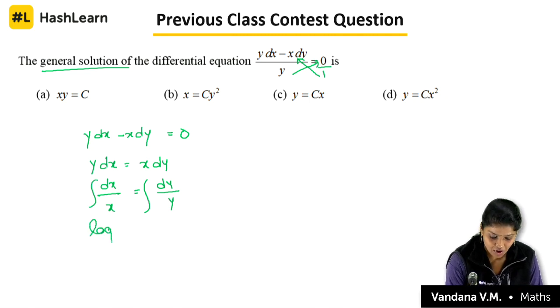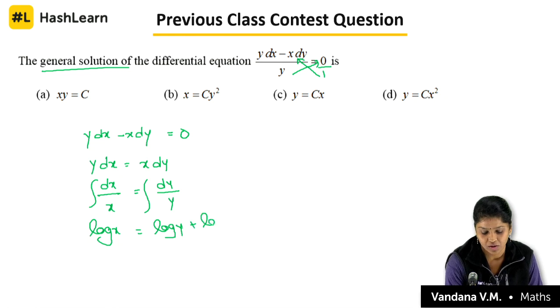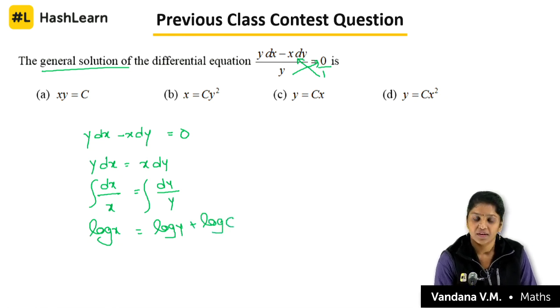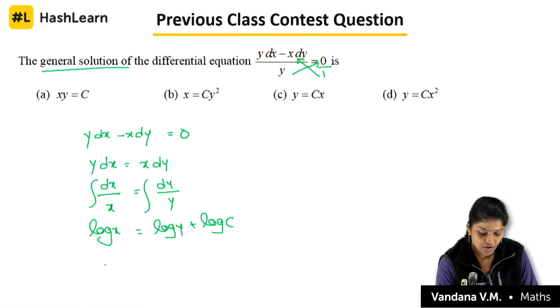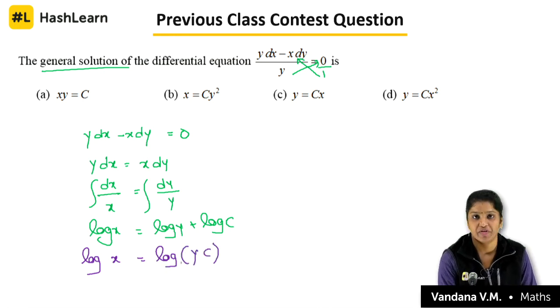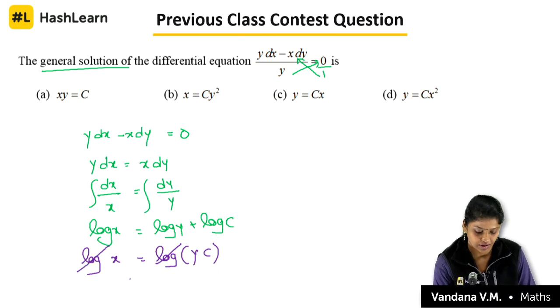It becomes log x is equal to log y plus log c. Okay, now log y into c, you just cancel. Children, a very important thing I would like to discuss. Log will get cancelled, so x is equal to yc.